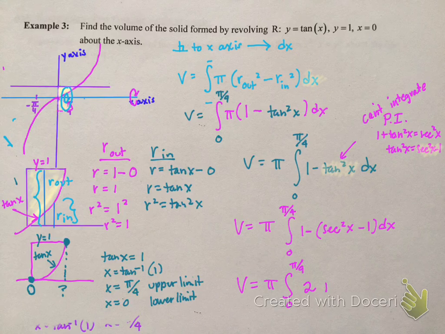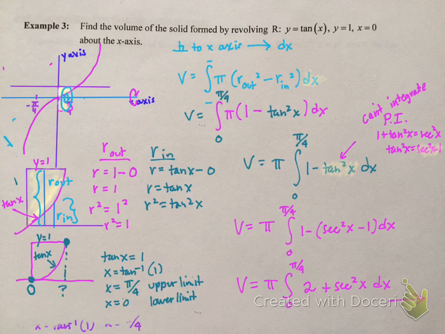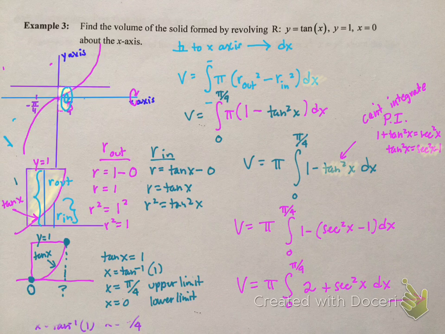And then I get plus secant squared x dx. Now I am ready to integrate this. Okay. So if I integrate 2, I get 2x. If I integrate secant squared x, I know that's going to give me tangent x.